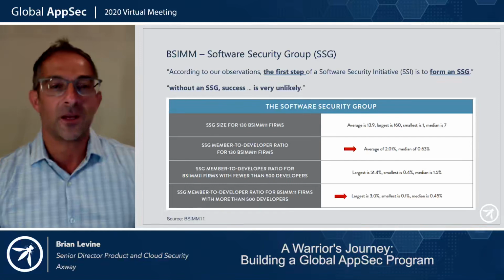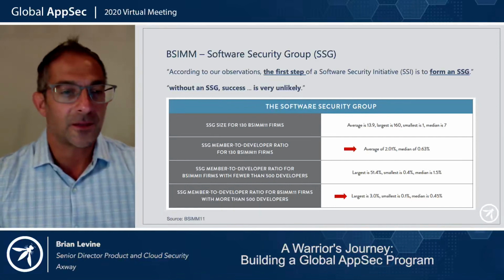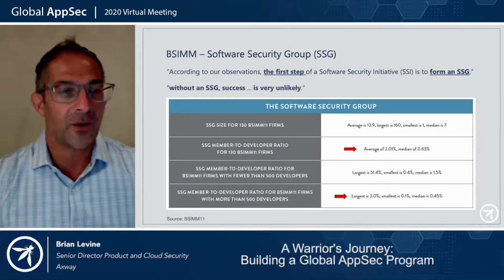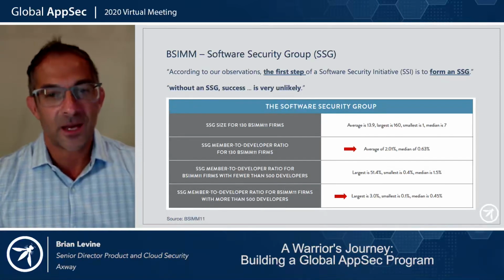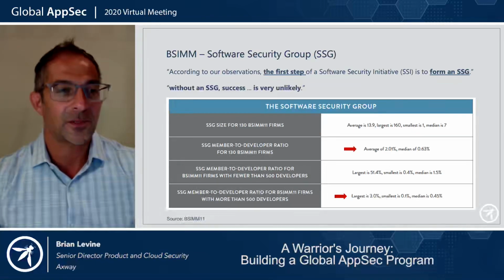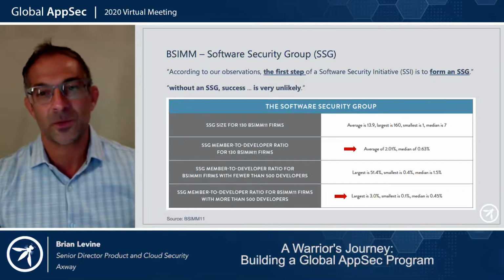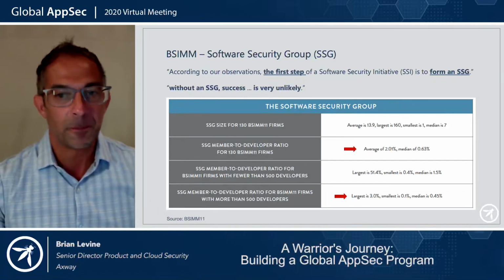Also some interesting data from this study. If you look at the first red arrow there, the average size is 2% of SSG members to developers. So in other words, for every 100 developers, you have 2 members on your SSG team.